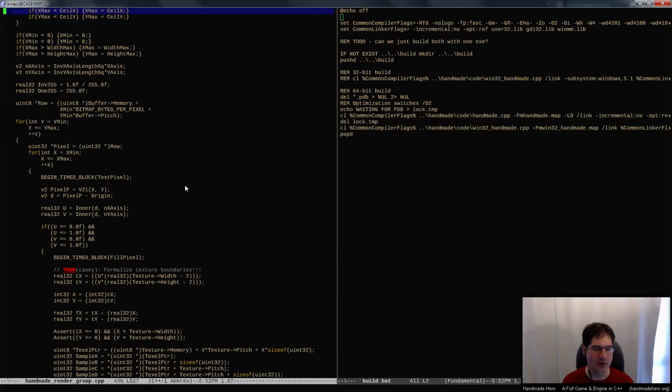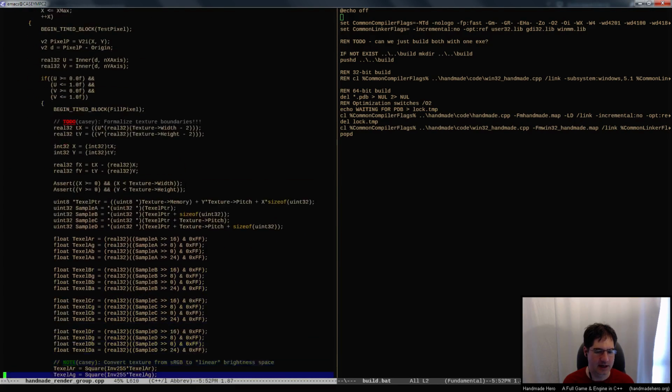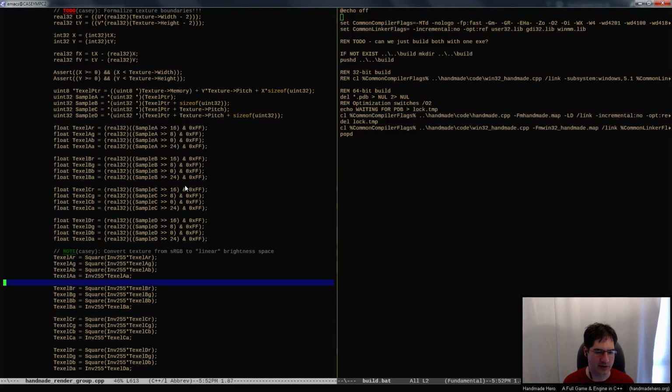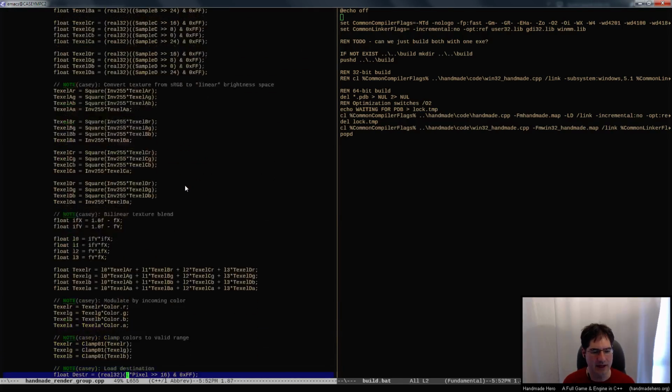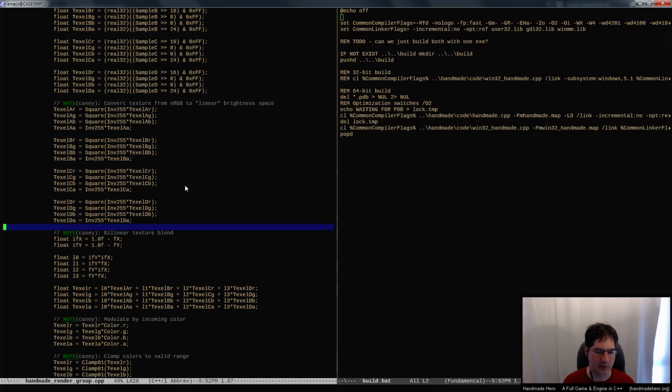But that kind of gets to one of the things that I wanted to talk about, which is a little more complicated. And that is, really at the end of the day, if you take a look at how this code works and think about how we're going to SIMDize it, if you think about how we're going to start operating on this thing wide, we actually have kind of a really nasty problem with these unpackings that we do.